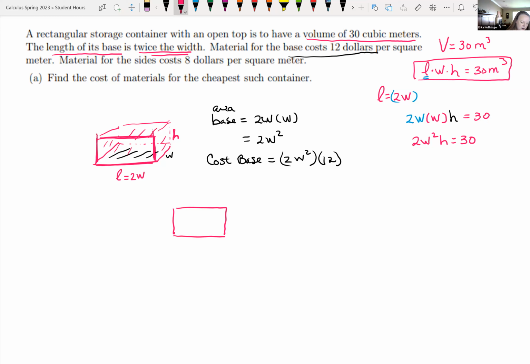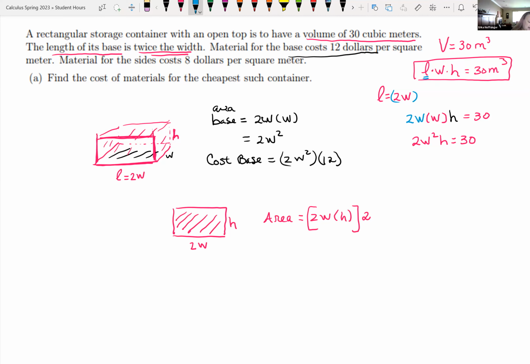Well, this has the height and the length is 2W. So the area in here, and there's two sides with those dimensions, is 2W times H. And there's two of those, two sides.